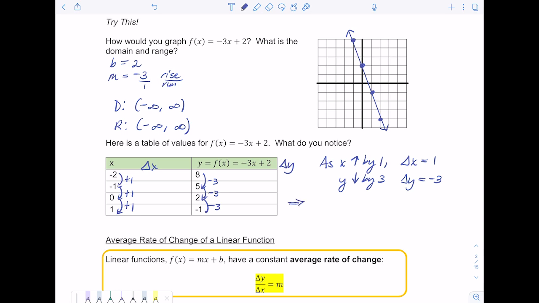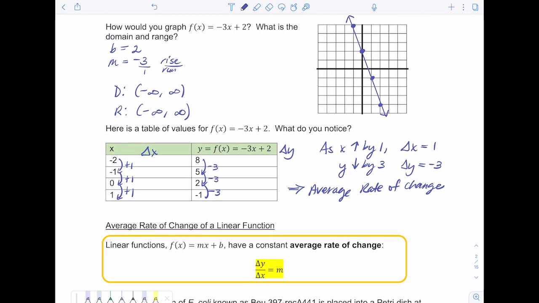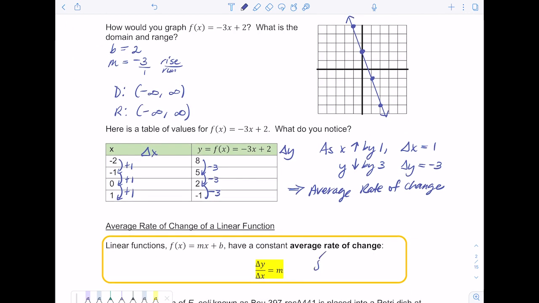This is known as the average rate of change. Does it seem familiar? It should sound like slope, and that's all it is. So the average rate of change is just the slope.